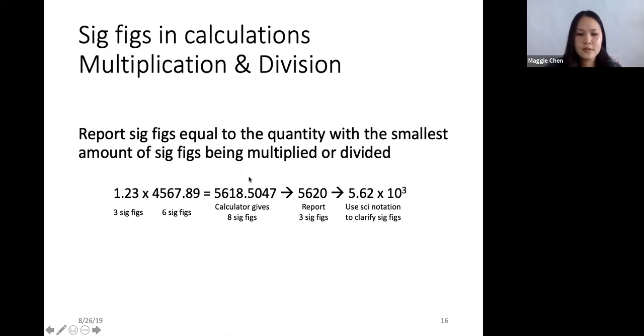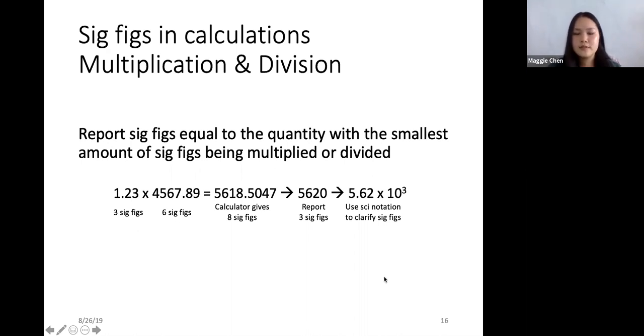Our calculator is going to give this big number with 8 sig figs, so we will round that and report it with 3 sig figs, so our 5,620. But it's still a little bit vague, so we could rewrite this using scientific notation, and that would be 5.62 times 10 to the 3. This would clarify our sig figs, and now we have the 3 sig figs, which is the smallest amount of sig figs between the two numbers that we multiplied.